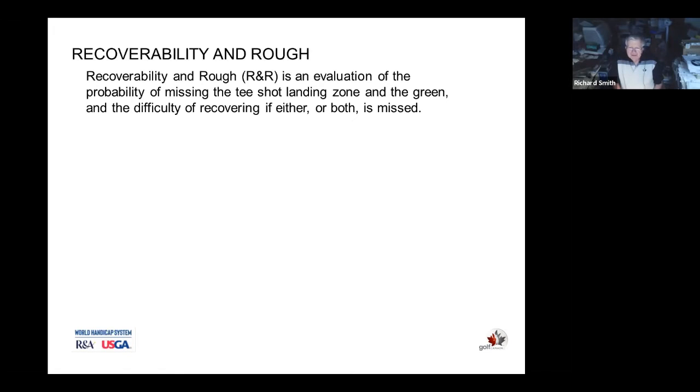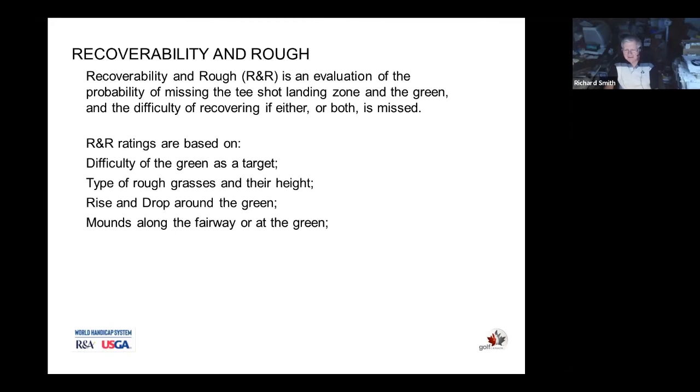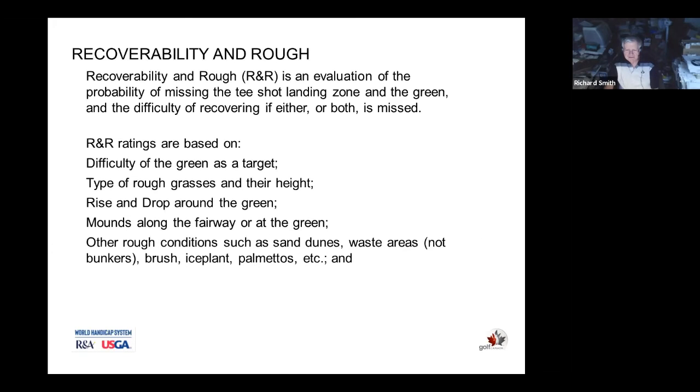So how difficult is it to recover from? It's based on the difficulty of the green and the type of rough grasses and their height, things like rise and drop around the green, mounds along the fairway or at the green, or other miscellaneous conditions which will be identified in the adjustments.